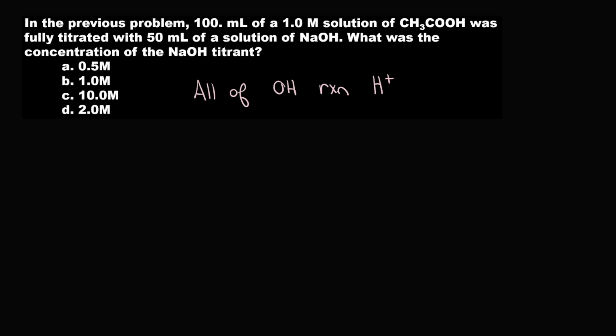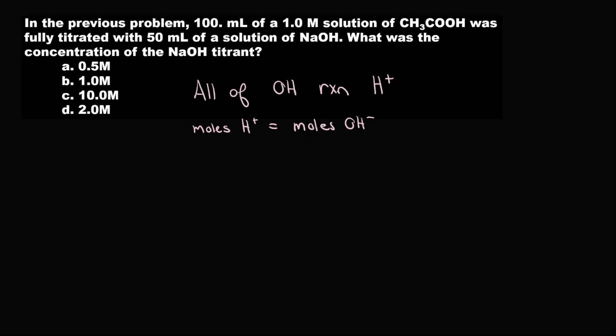What we know about acid and base chemistry is that all of the OH will react with the H plus, so the number of moles will be equal to each other. The number of moles of H plus or H3O plus is equal to the number of moles of OH minus. So what we have to do is find the number of moles of H plus, because we're given that amount of information, and see if we can find the number of moles of OH minus.